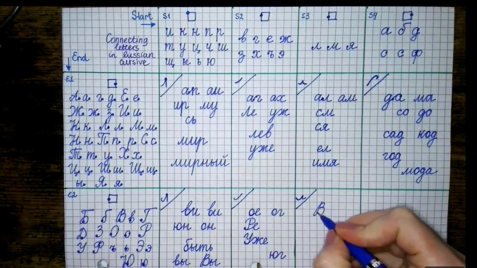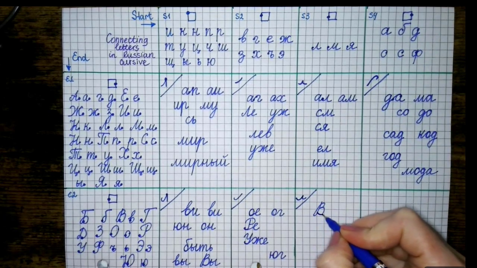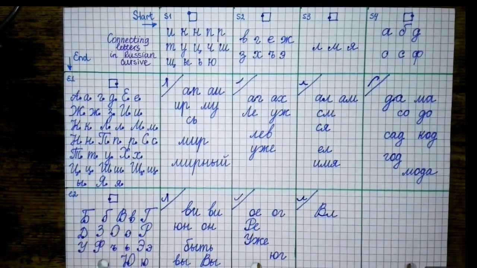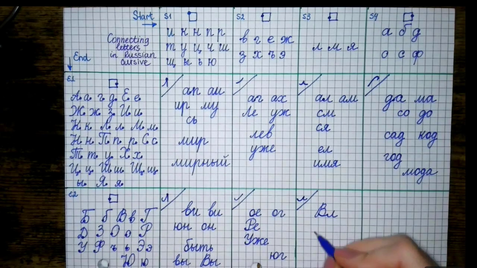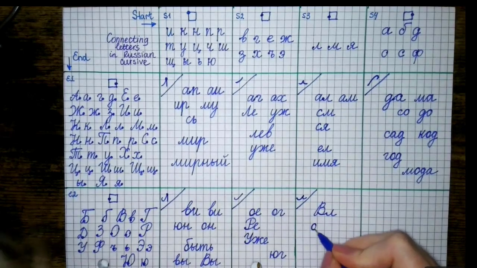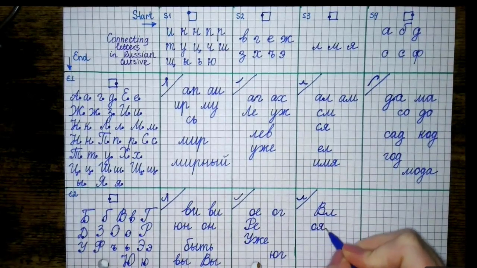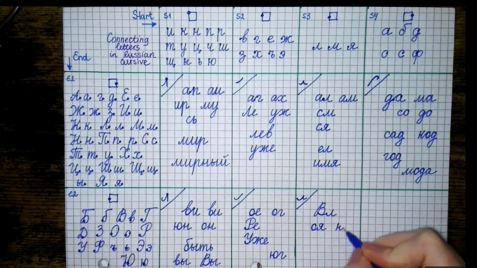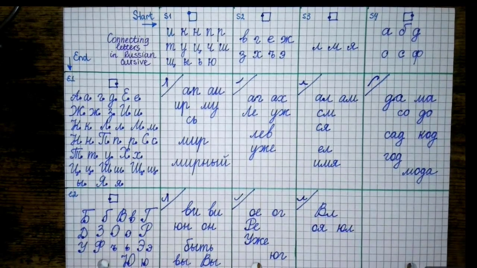So here is our В. We trace it back, we stop, and we get this hook down. В, Л. Let's connect О and Я. О, Я. How about У and Л? У, we trace it, and then we get this little hook.